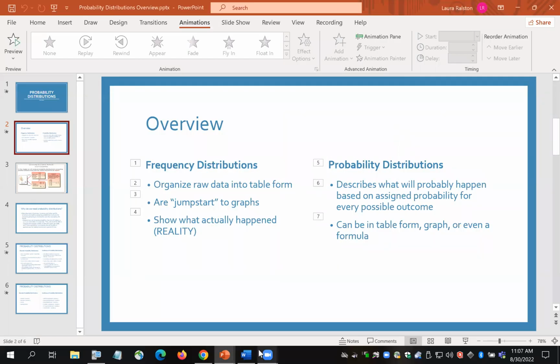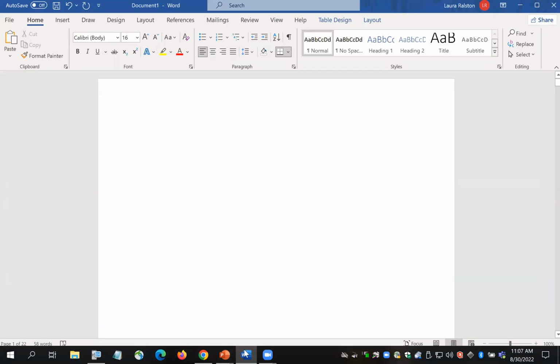Again, let me give you an example so you can maybe see it. Let's say that our experiment is that we're going to flip a coin. Well, if we consider our frequency distribution, let's say we're going to flip a coin 10 times.